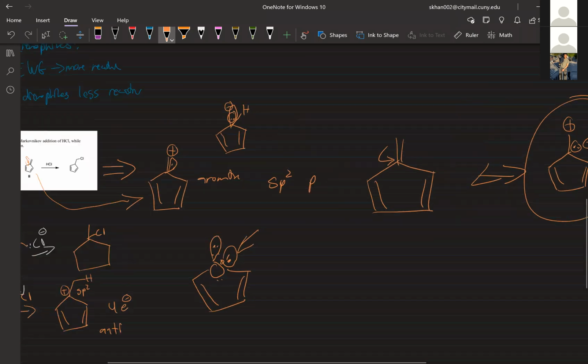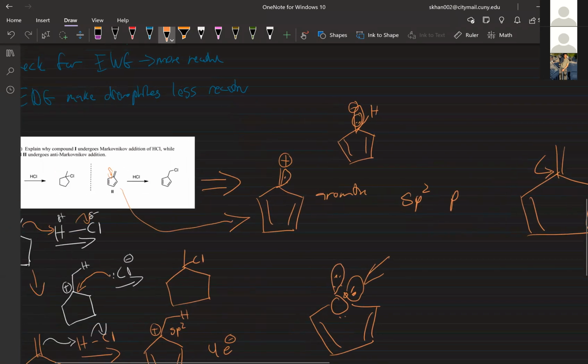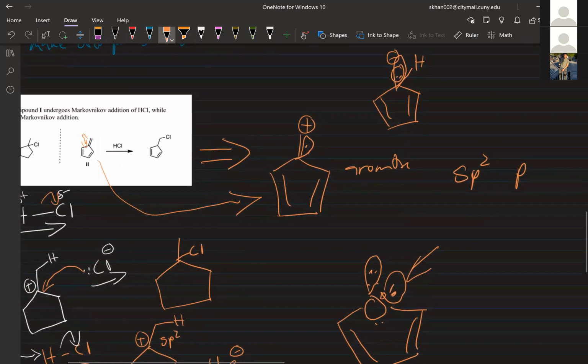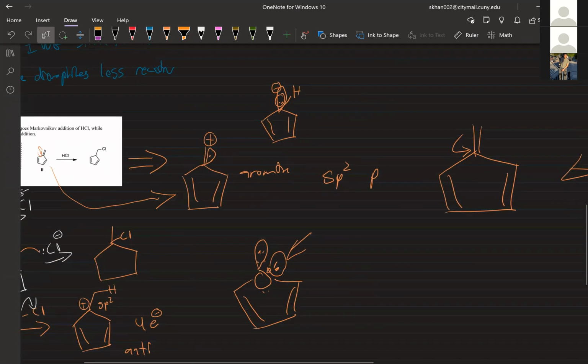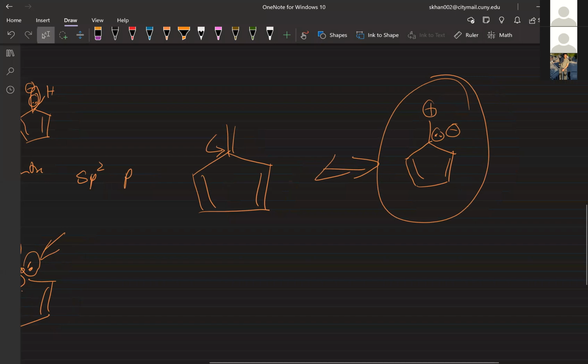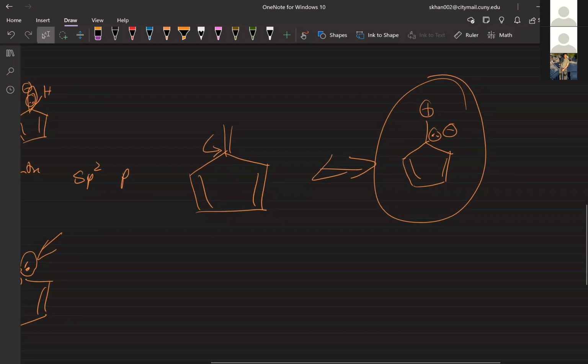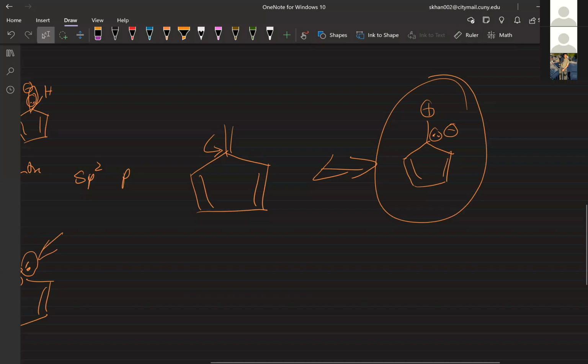Okay. So really, you kind of have to work this backwards to see what kind of intermediate you get. I think in this case, it'll be okay to do a resonance structure. That's what he did too.